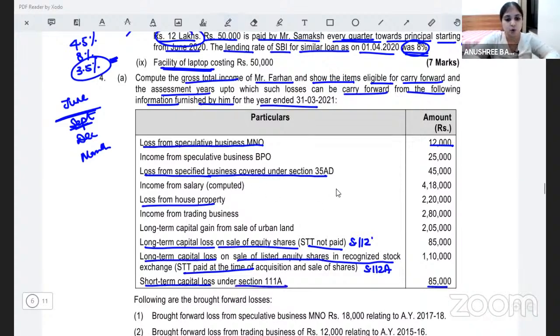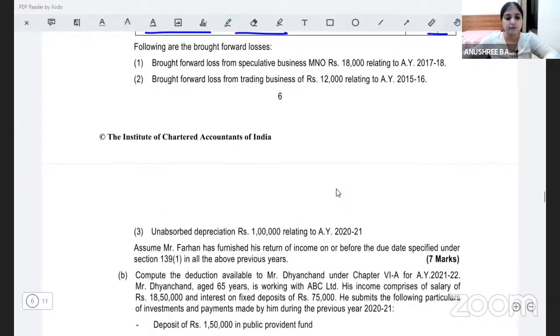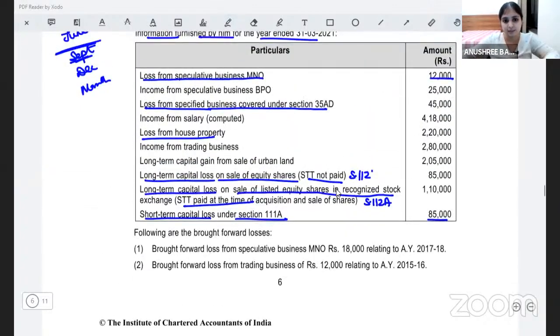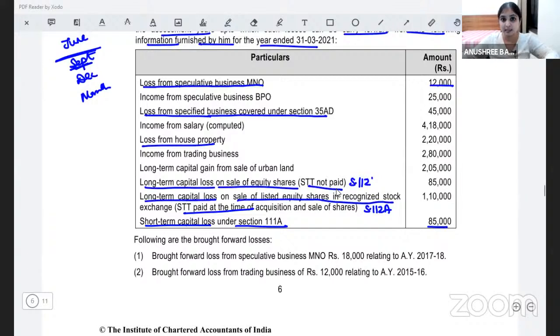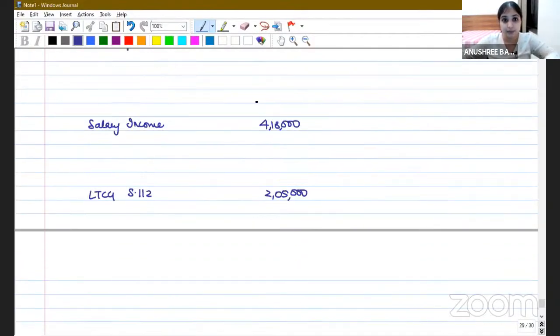And then apart from all these losses, we also have three brought forward items. Brought forward items we always consider later. First, current year. In the current year also, first intra-head, only then we do inter-head, isn't it? First intra-head, within the head. So loss from speculative business, is intra-head possible?